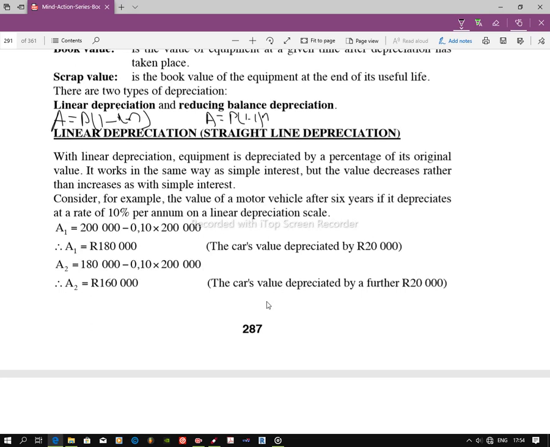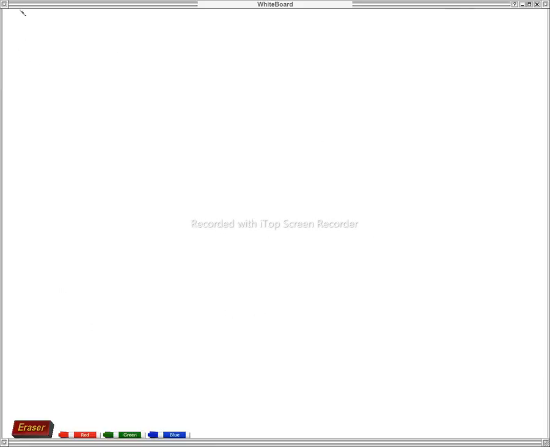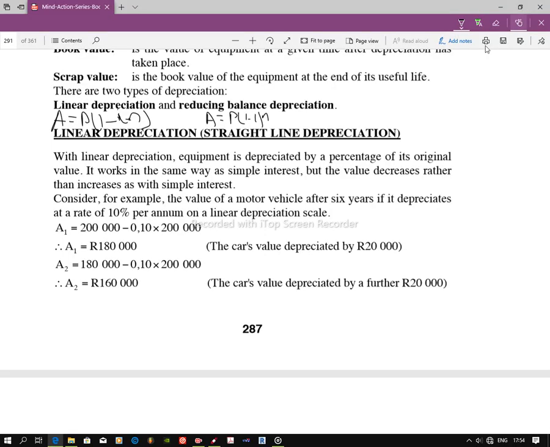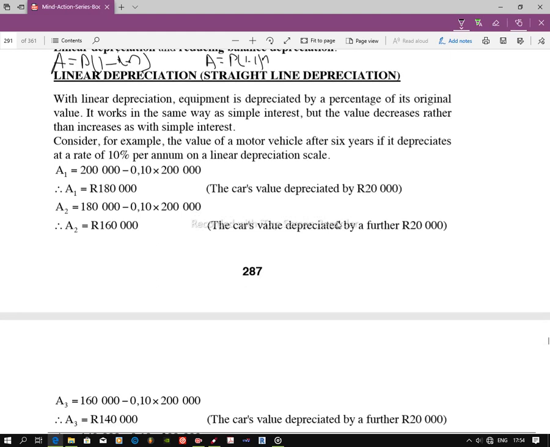So for depreciation, let's just focus on linear depreciation. Let me go to the board. Let's look at this example we are given.